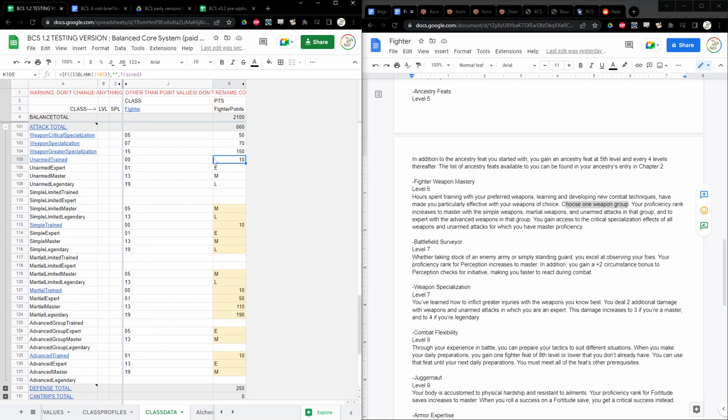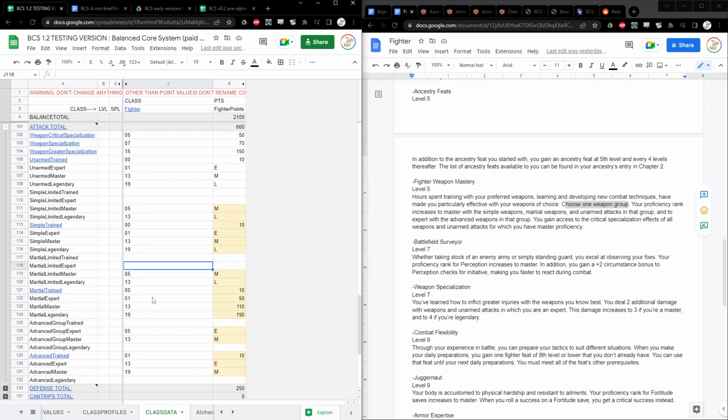By the way, this sheet, the class data, I went through about 5 different complete rewrites of this, because I tried it horizontally, I tried it vertically, I tried different columns and different ways of displaying this before I got to what it is now, which is the best way for me to read.